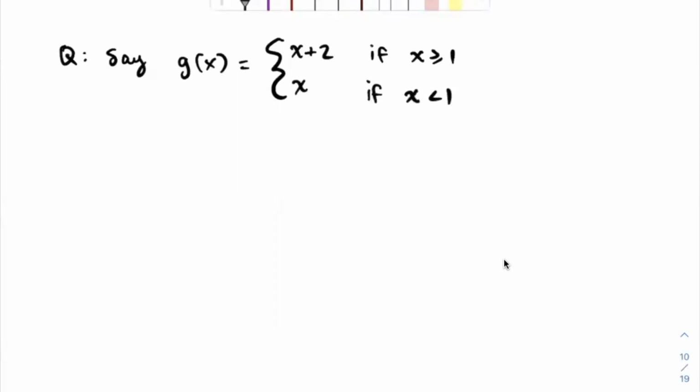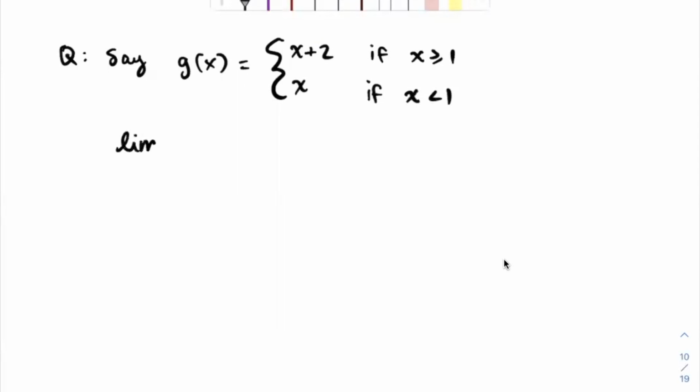All right, so we have a function that's defined two different ways, if x is greater than or equal to 1, and if x is less than 1. So this is not going to be continuous at 1 because there's going to be this break, but it's continuous everywhere else. Now the question is, what are these limits?